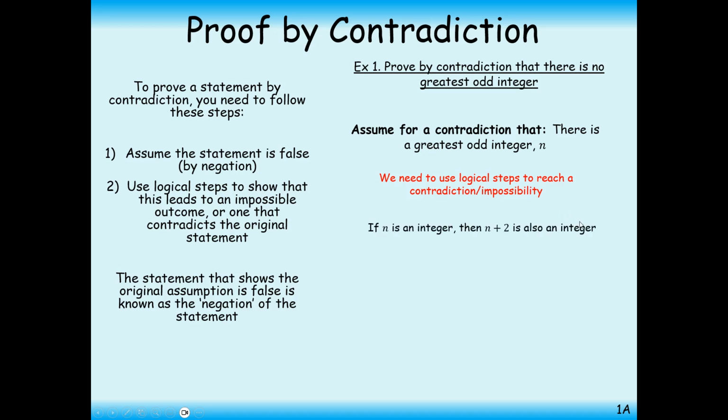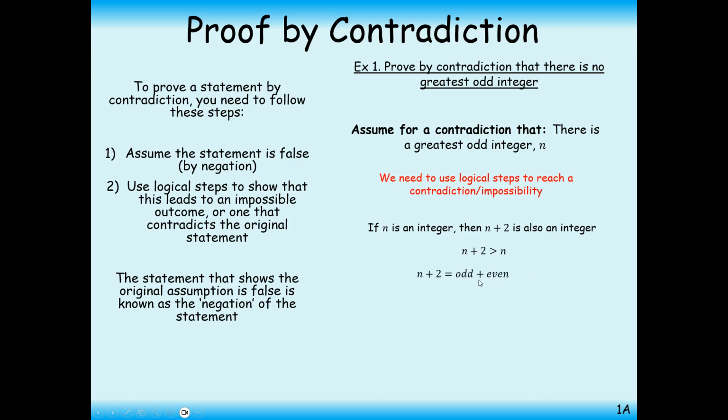Let's see: if n is an integer, then we can add 2 to it, right? So adding 2 to an odd integer is going to be n plus 2, which is clearly larger than the original n.